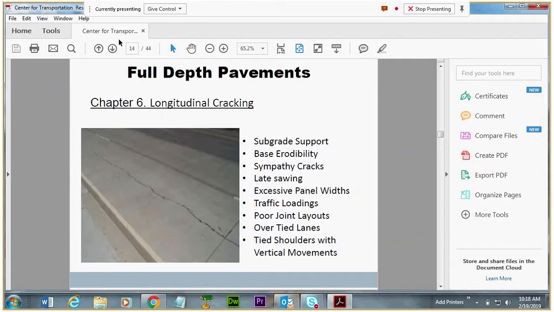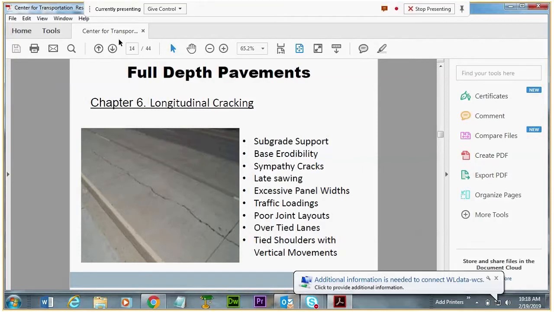This had to do with the subgrade support, base erodibility, some sympathy cracks, late sawing, excessive panel widths, which I personally see is probably one of the biggest problems we have, along with late sawing. Traffic loading, poor joint layouts. When we overtie our shoulders that have some vertical movement, and we've had a lot of issues with that in Iowa on our overlays, for example. Next slide.